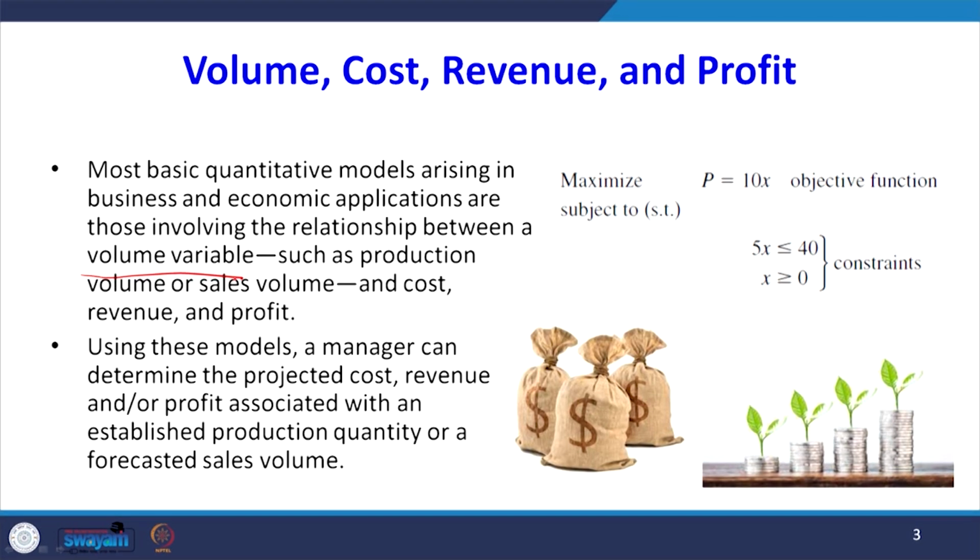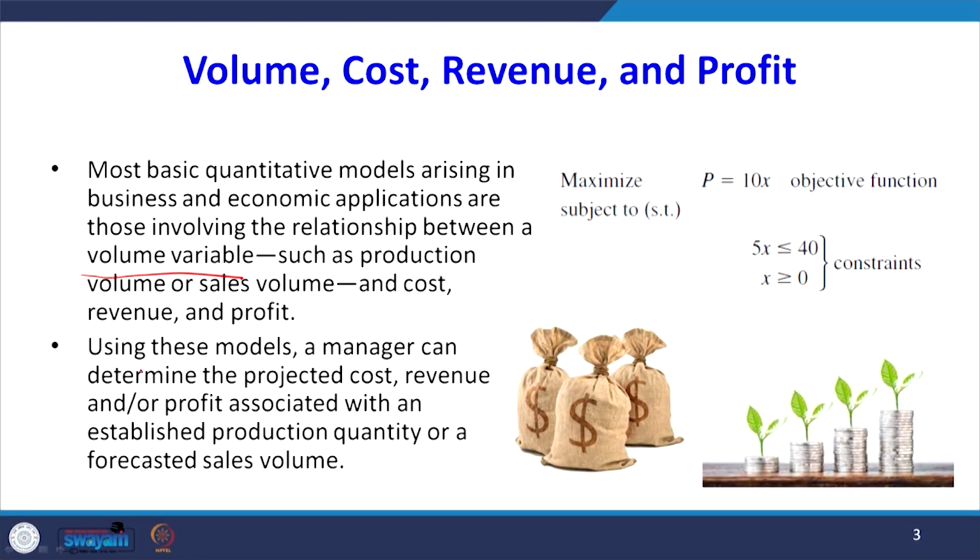On the right hand side was the previous example from my first lecture, maximizing the profit equal to 10x. The objective function needs to be maximized. Sometimes there may be an objective function that has to be minimized. So, in this lecture I am going to explain the relationship between cost and profit.